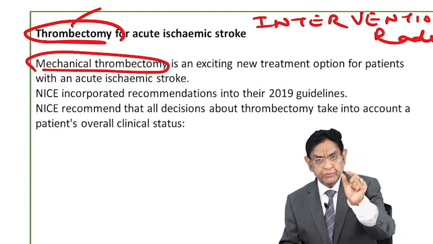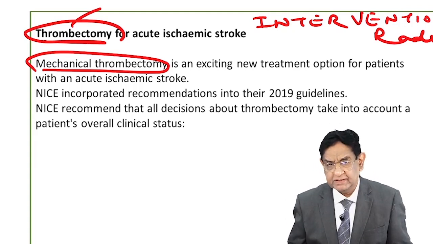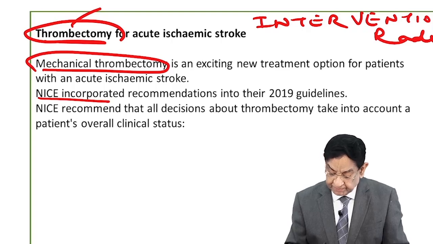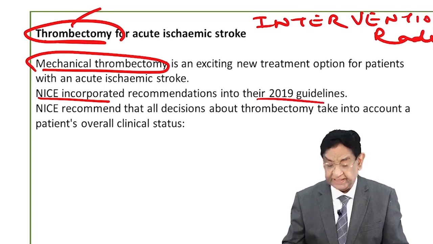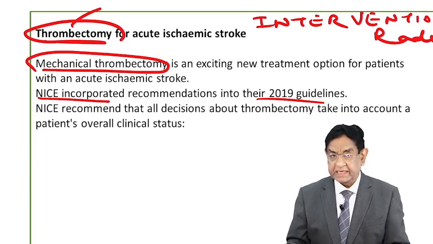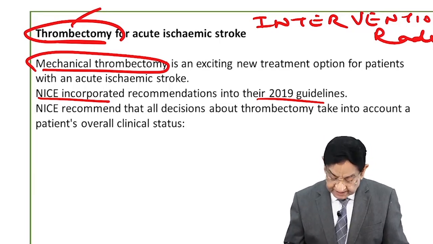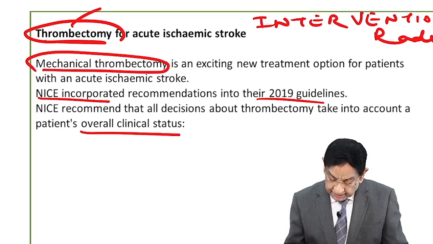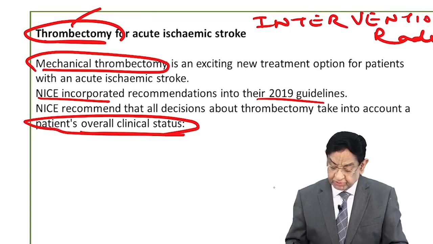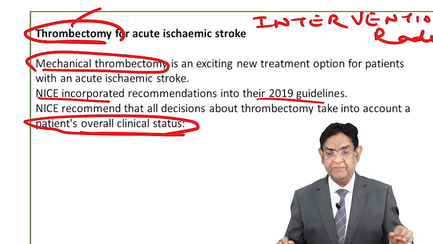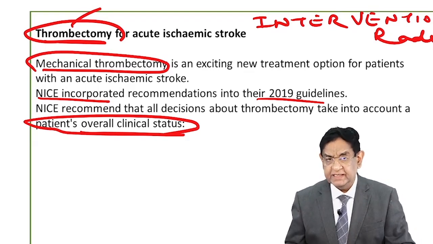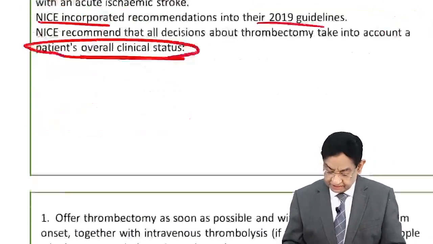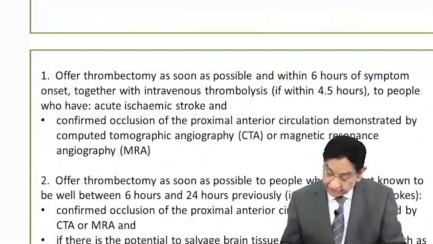You are actually removing the clot, what we call as mechanical. This is a new thing which has been added as per NICE guidelines 19. Okay, so let's learn and talk more about NICE guidelines. But all depend on clinical status. Point to be noted. Decision depends on what situation the patient is in. Not that every patient is fit for everything. So let us see when you will like to do.